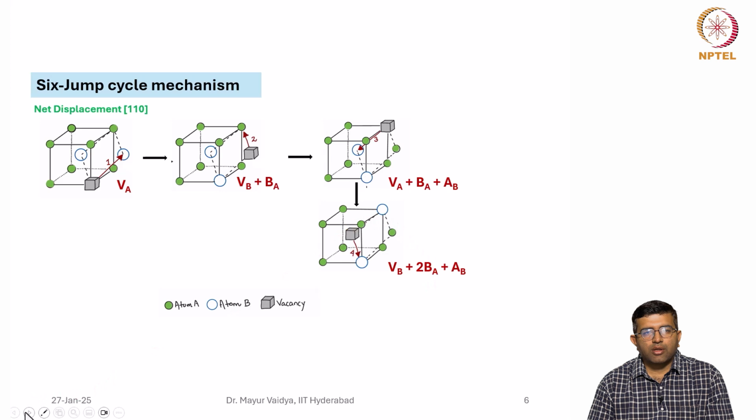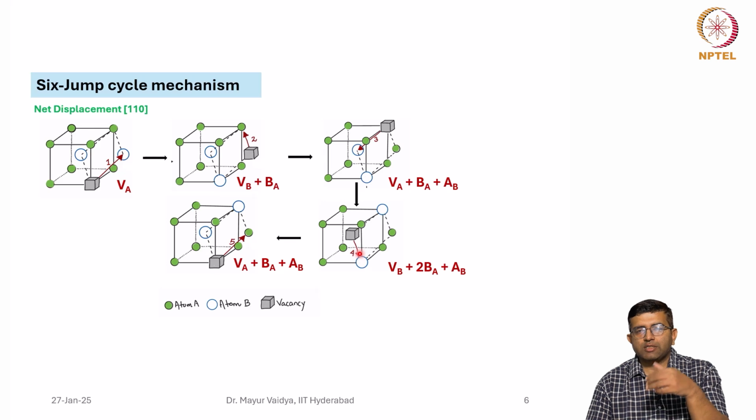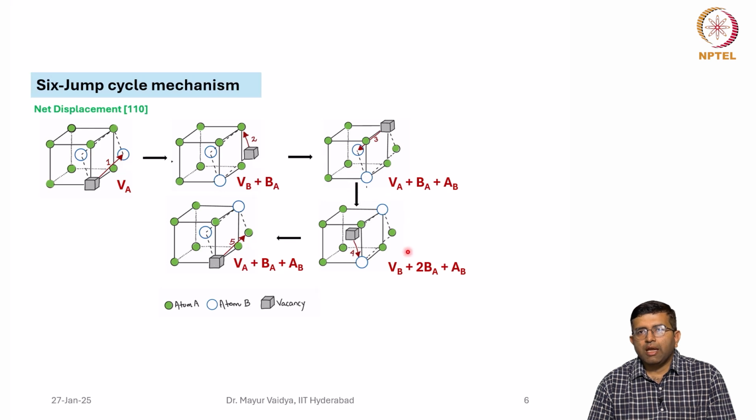Now, in the next step, the fourth step, this vacancy exchanges its position with this B atom. So, now it starts to restore the order one by one. You see that in the first three jumps, it resulted in a highly disordered state.